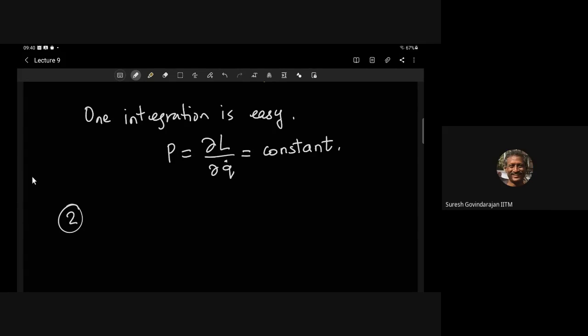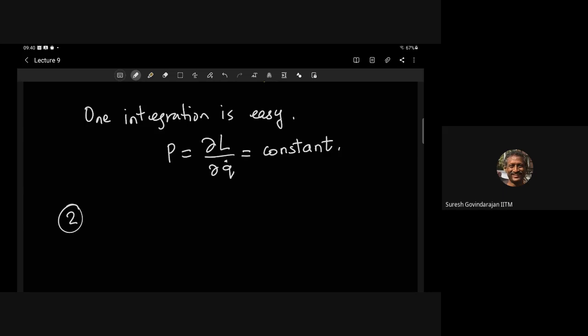Probably better. Type in the chat. Okay, so I'll wait for somebody to type on the chat. Meanwhile, I'll just move on to the next example.